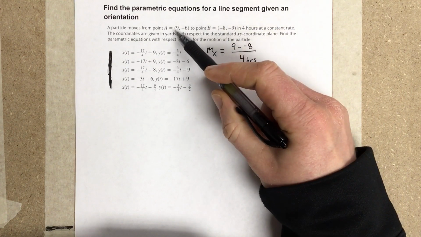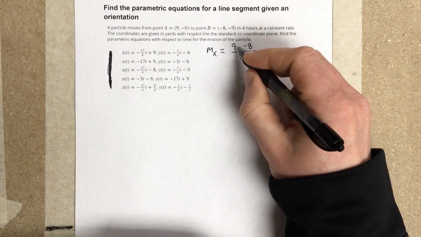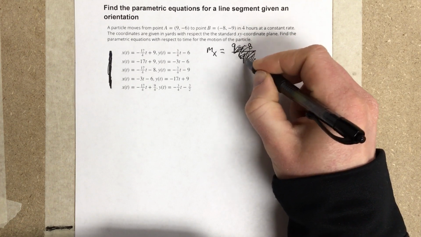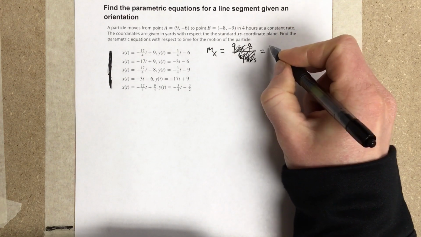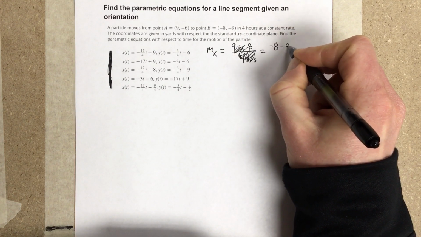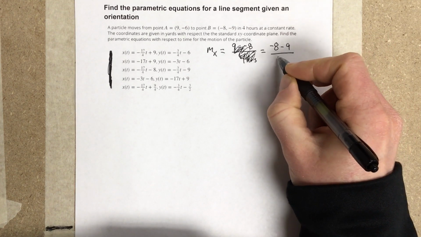So we went from point A to point B. Actually, I want to switch that around, because it's always y2 minus y1. This was our starting point, this was our ending point. So we'll take our ending point, -8, minus 9, so ending point minus starting point over the 4-hour time.